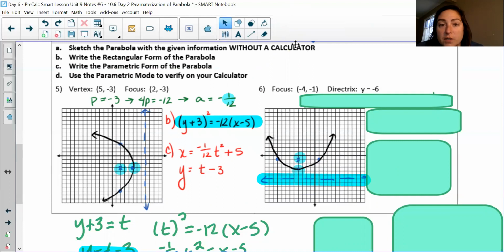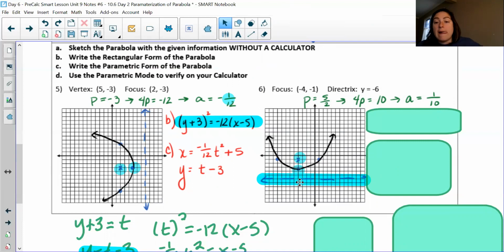So there's our vertex. And we know that the direction it's going is opening up. So our p-value ends up being 5/2, or 2.5 if you're counting vertex up, vertex down.